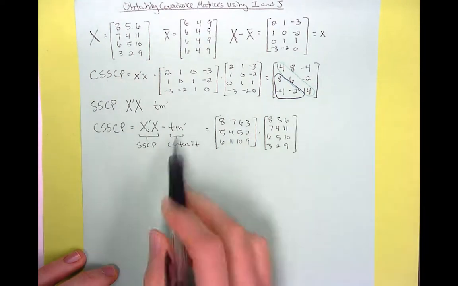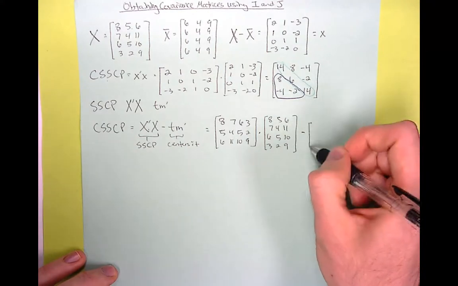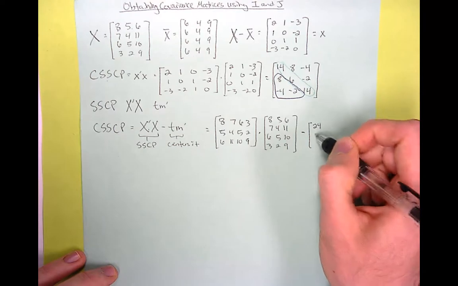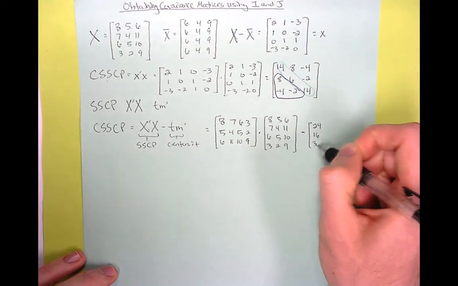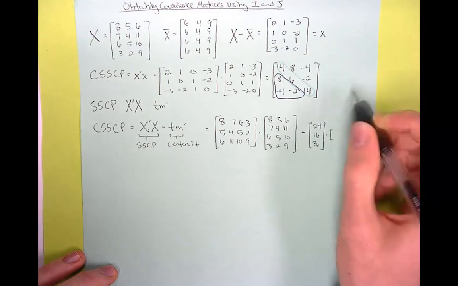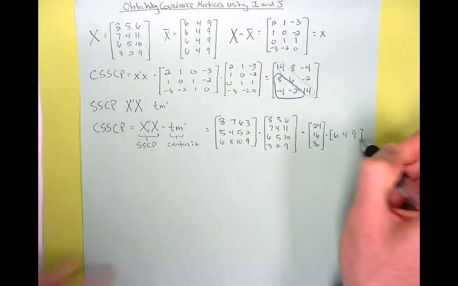Okay, then let's do this part. We're going to subtract. This is actually going to be a vector 24, 16, 36, and then transpose of M, we get 6, 4, 9.